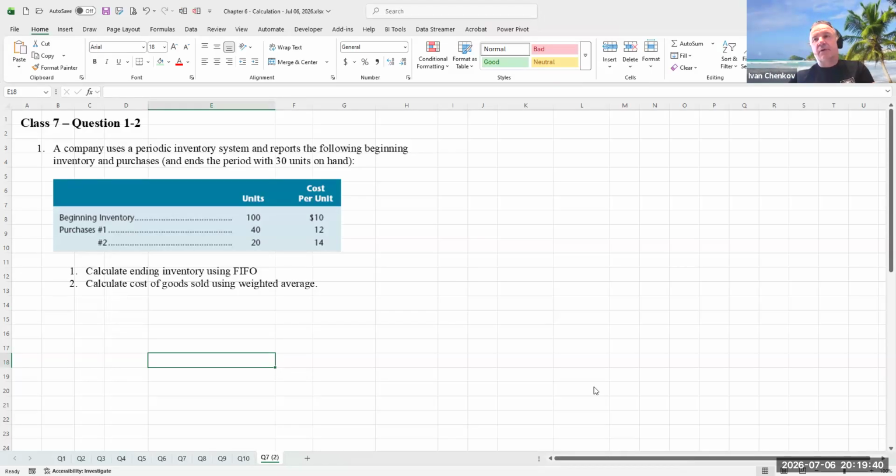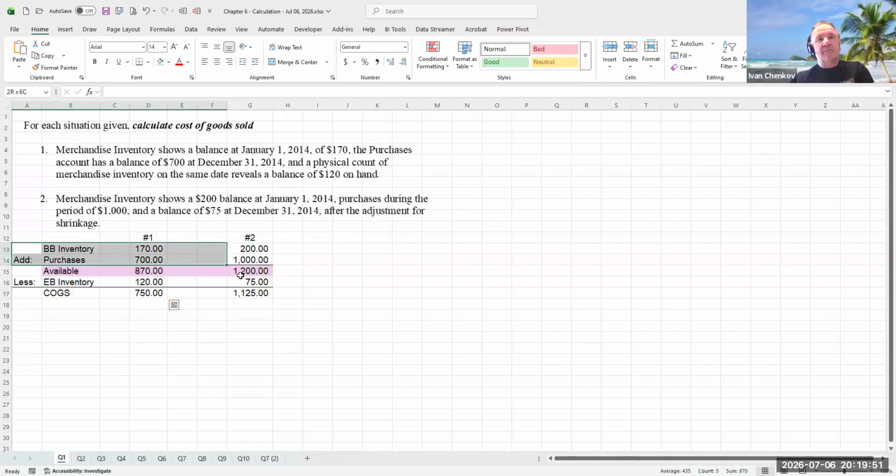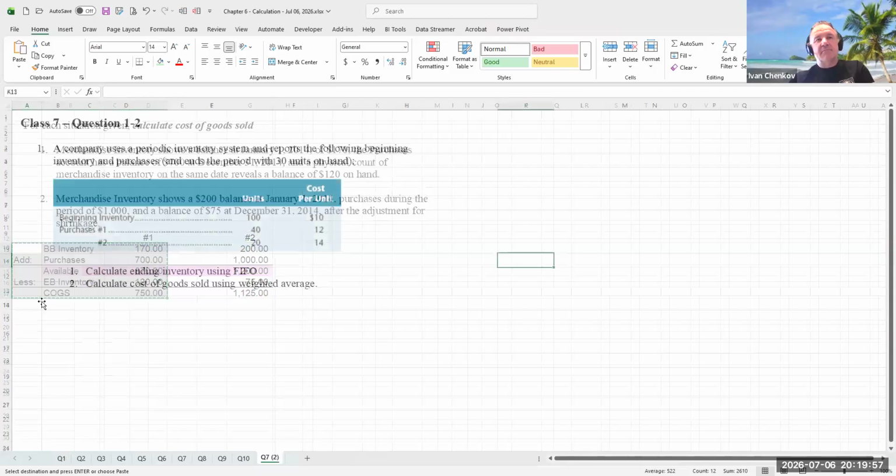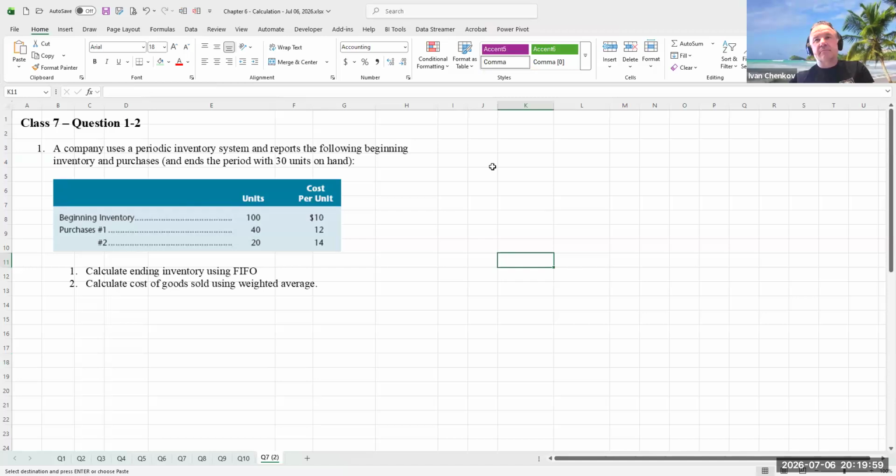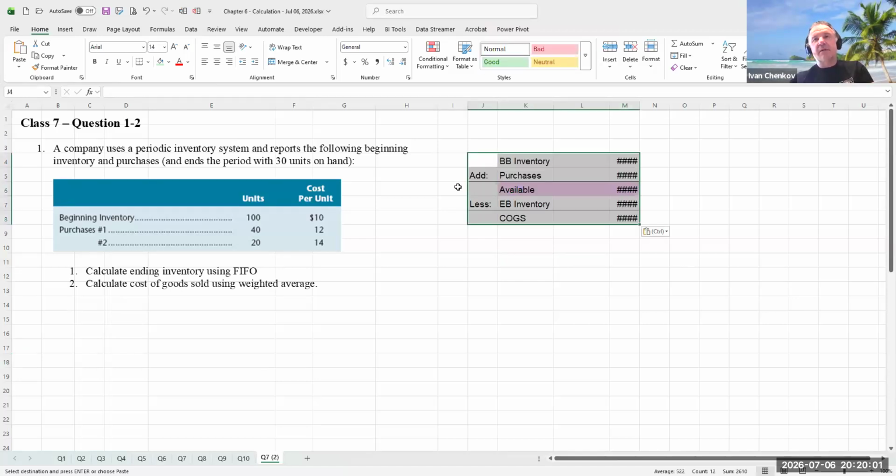Before we do that, what do we need? We need to make our one schedule. This is our schedule, and the schedule is very simple. I'm going to post it right here.